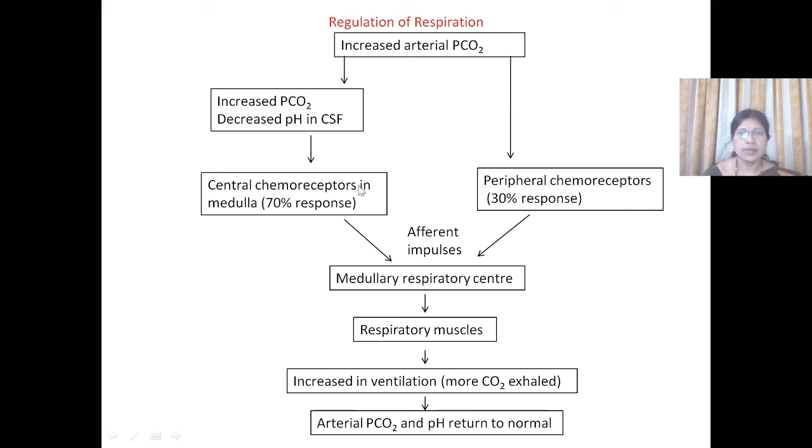So these chemoreceptors stimulate the nerves. They produce afferent impulses, and these afferent impulses stimulate the medullary respiratory center, and this medullary respiratory center then causes the respiratory muscles to act rapidly, and rapid ventilation occurs.